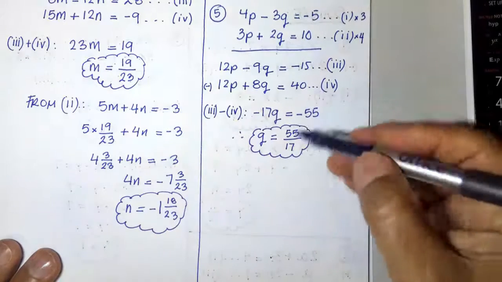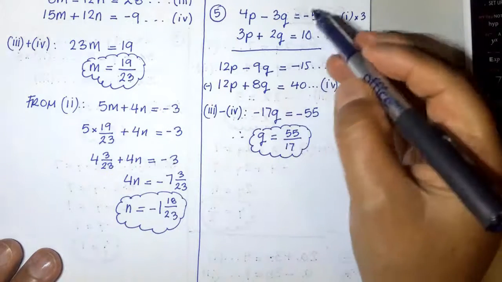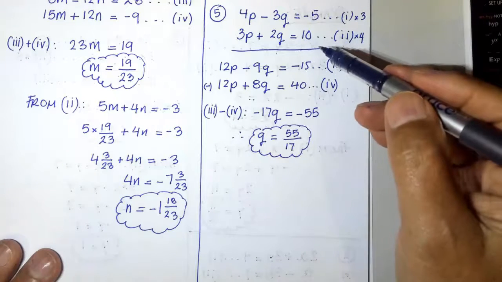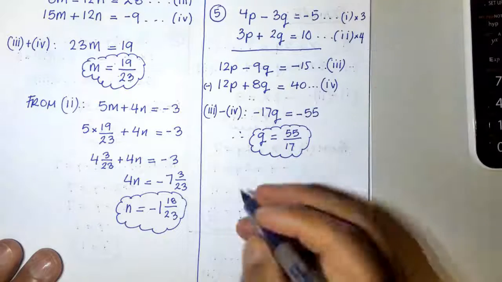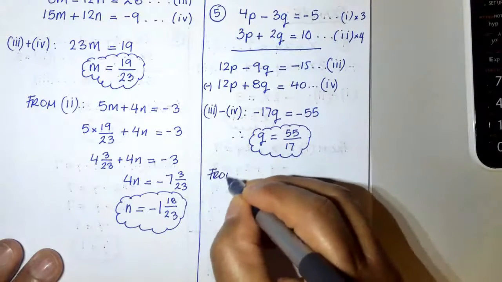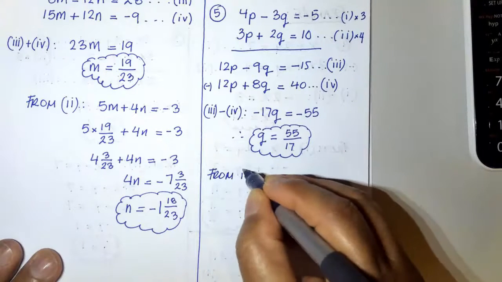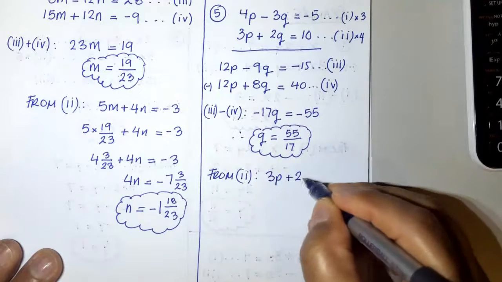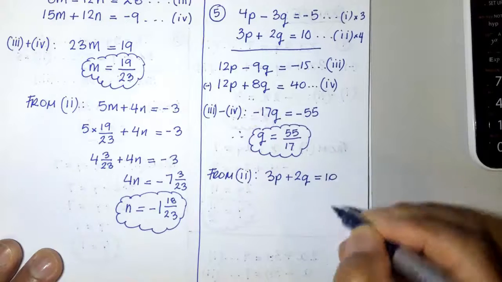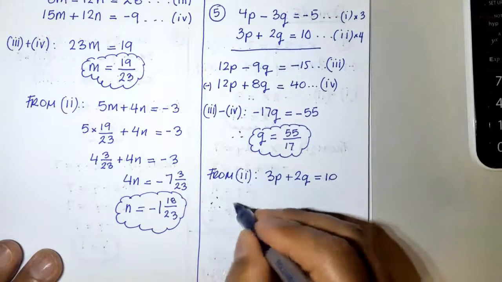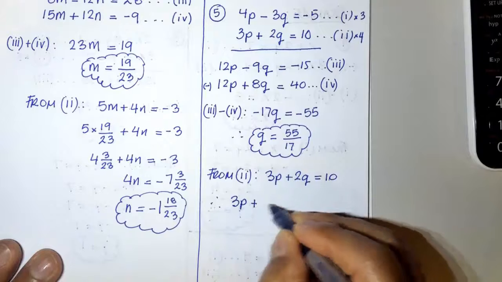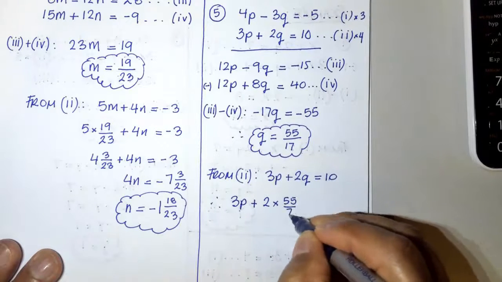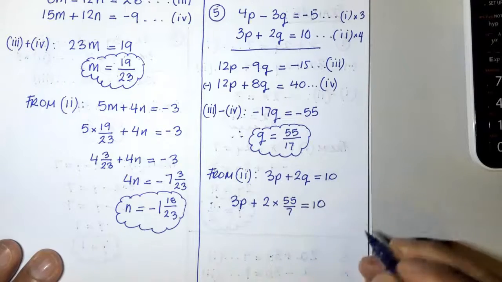And then finally, we're going to substitute this q into any of these 4 equations. I'm going to pick the second one. So from equation 2 we have that 3p plus 2q is equal to 10. Okay, so therefore 3p plus 2 times 55 over 7 is equal to 10.